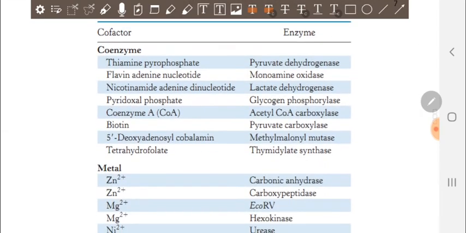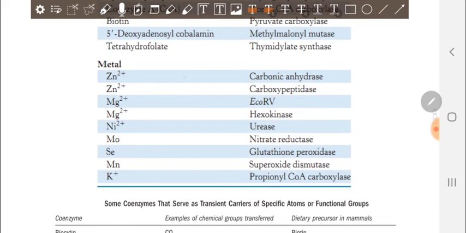These are the examples of cofactors and metal ions. The coenzymes: thiamine pyrophosphate, flavin adenine dinucleotide, that is FAD, nicotinamide adenine dinucleotide, that is NAD, and pyridoxal phosphate. These are examples of coenzymes, and in the next column, pyruvate dehydrogenase is an enzyme involved.